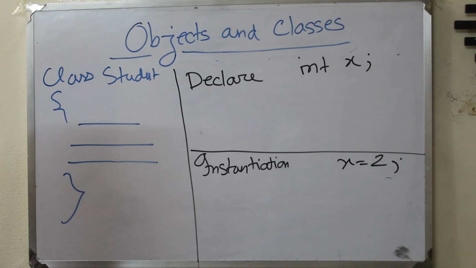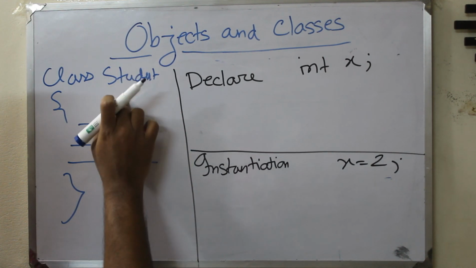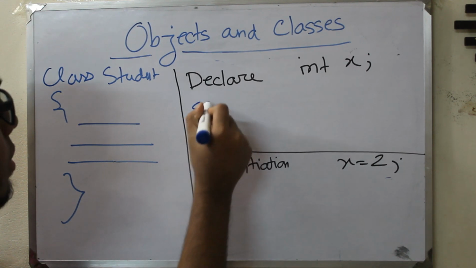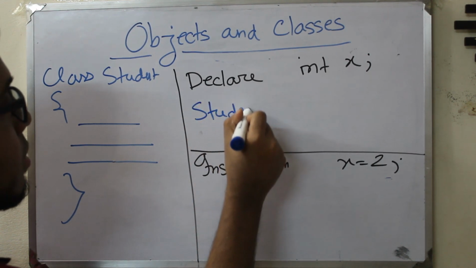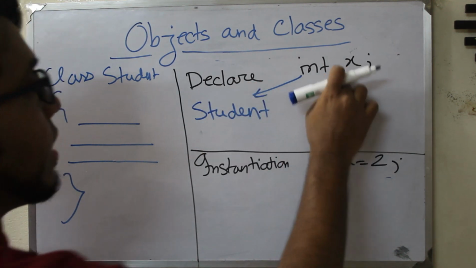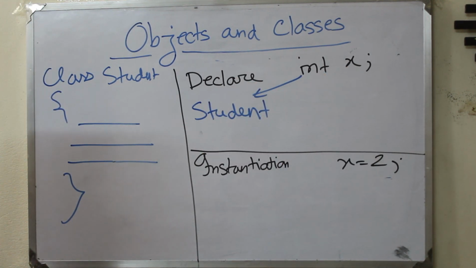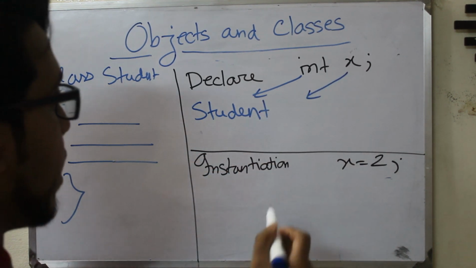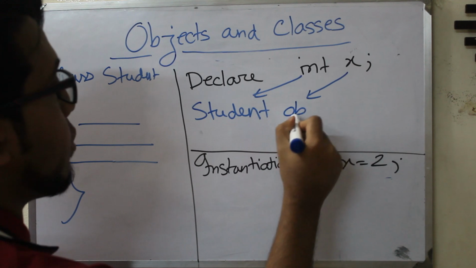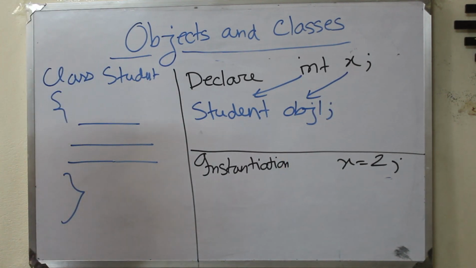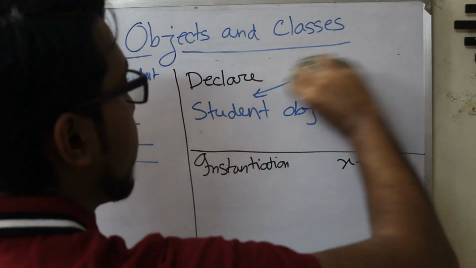That means this is our defined type, so I write the type is student. Then this indicates the name of the variable, so the name of the object. Let's say the name of the object is obj1. This is the same as declaring an integer value.